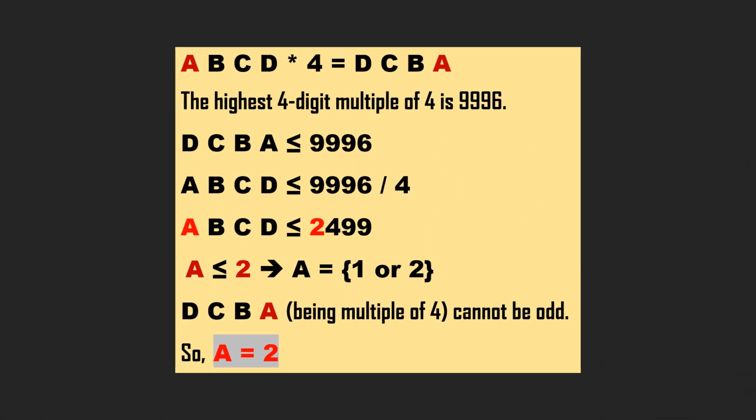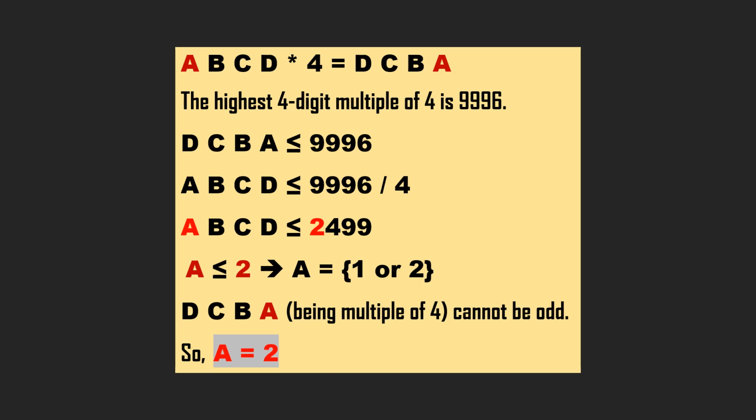Given ABCD into 4 is equal to DCBA. The highest 4-digit multiple of 4 is 9996. DCBA is equal to or less than 9996, or ABCD is equal to or less than 9996 divided by 4.